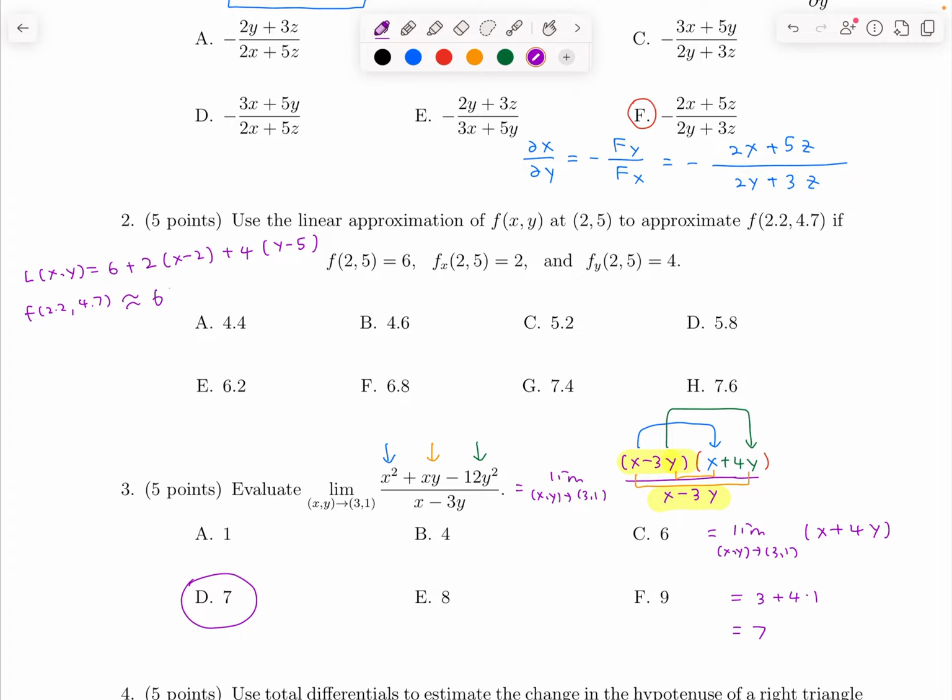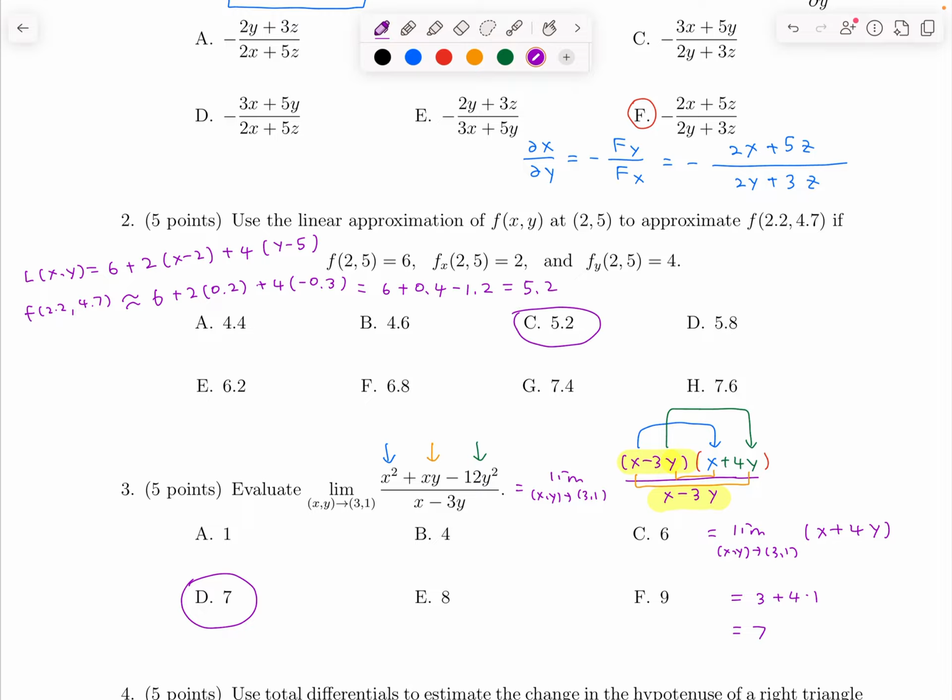So we have 6 plus 2 times, this will be 0.2, and then plus 4 times, this will be negative 0.3. So we should have 6 plus 0.4 minus 1.2. Wow, what's that? That would be 6.4 minus 1.2. So that should be 5.2. So we will choose C.